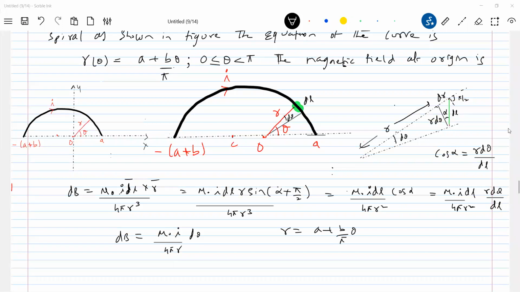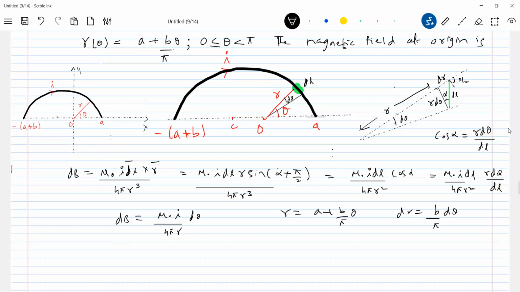Yeah. So differentiate this. dr is equal to b by pi d theta. Substitute that. d theta will be pi by b r dr.